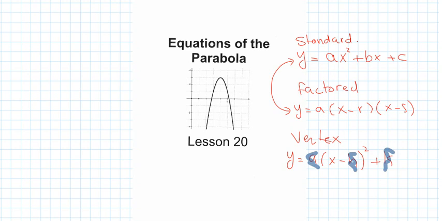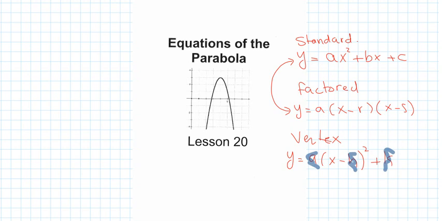What we learned yesterday was how to find different points on the graph. You remember that? We learned how to find the x-intercept, the y-intercept, the axis of symmetry, and the vertex. From the vertex form, what do you think I can find easily? It's in the name.